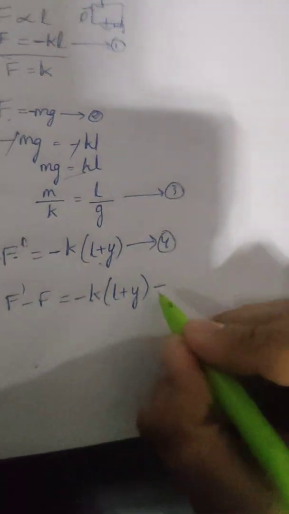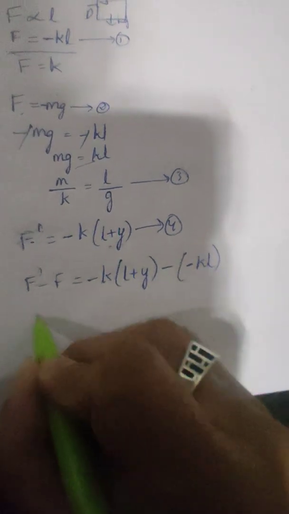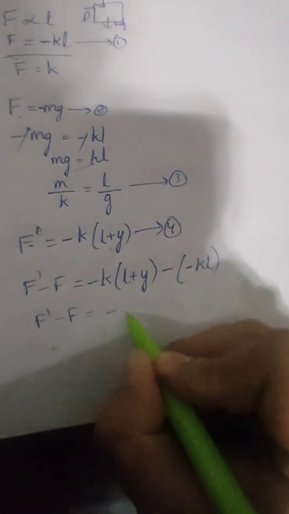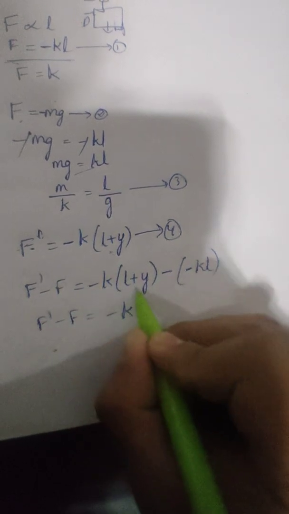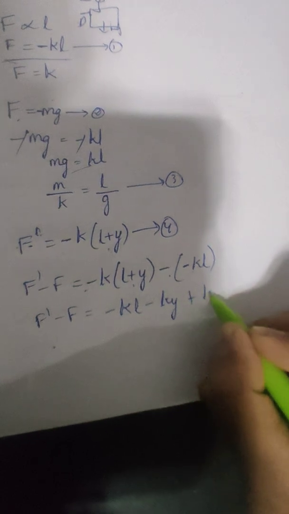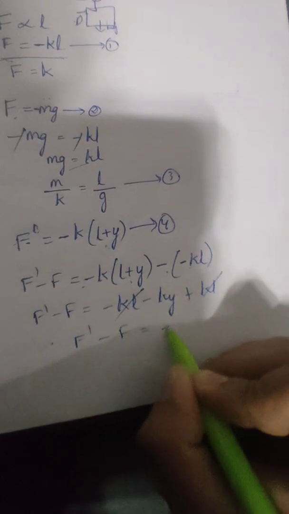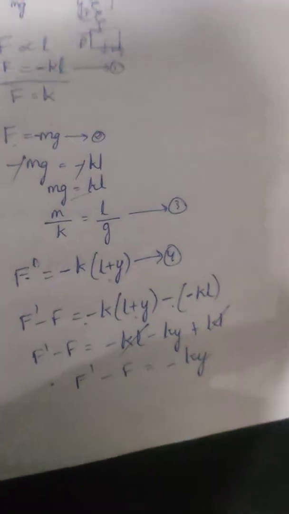If I subtract the right hand side and the left hand side, minus KL plus into minus KY, minus into minus will be plus KL. Here this and this will cancel, so F dash minus F is equal to minus KY, okay?